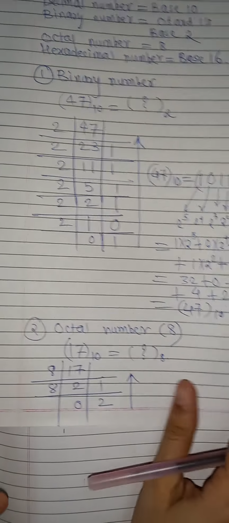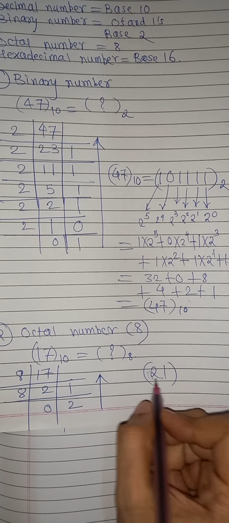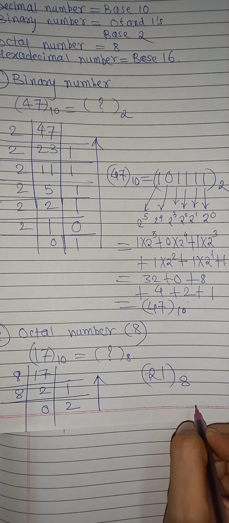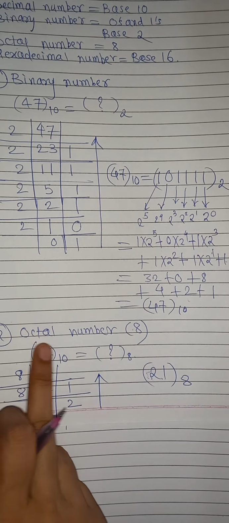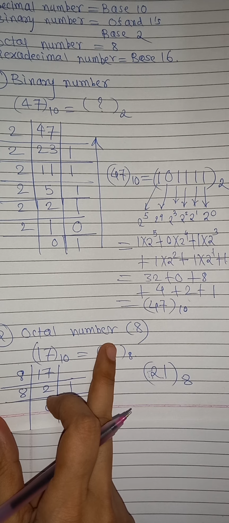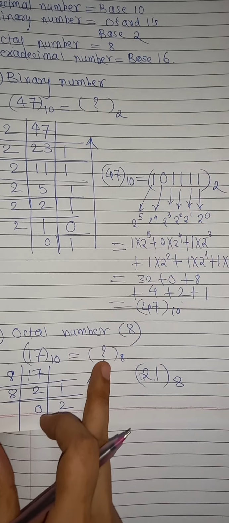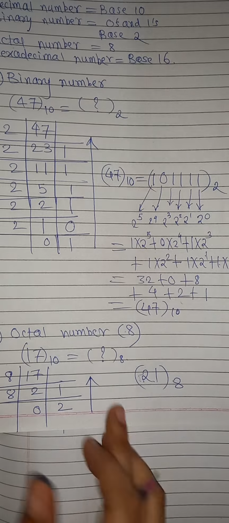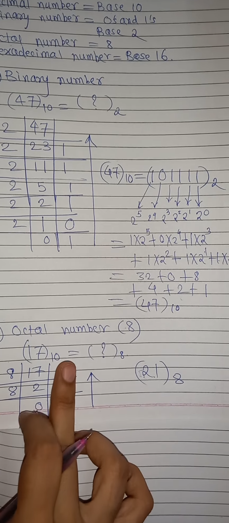So this will be 21 in base 8. An octal number is a number in which all the digits can be expressed from 0 to 7. So this 21 in octal is equivalent to 17 in decimal.